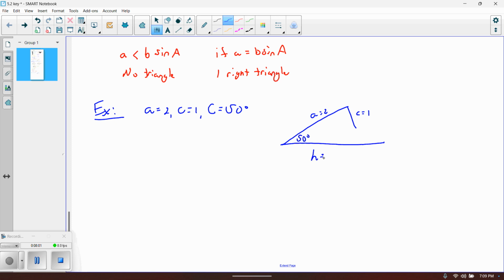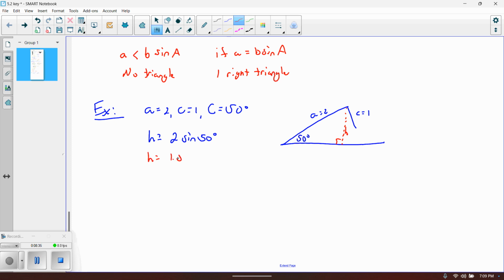The height is 2 sine of 50. And again, that comes from, if I were to draw the height, that would be right there. That comes from SOHCAHTOA.